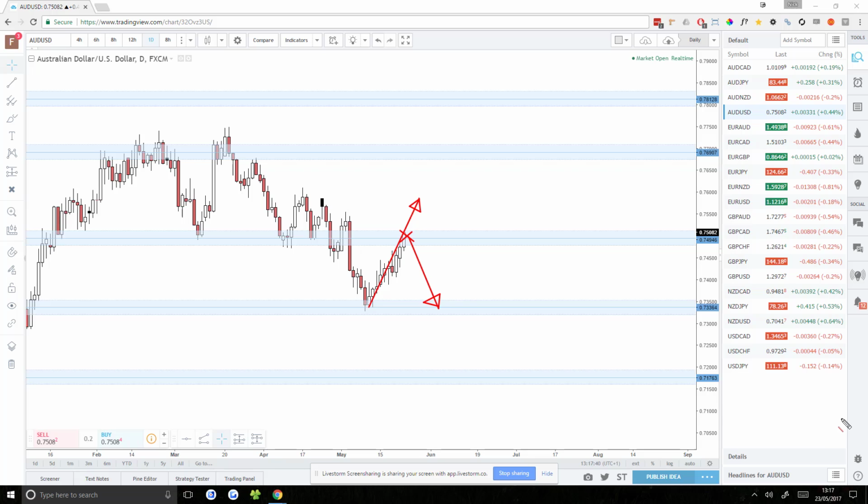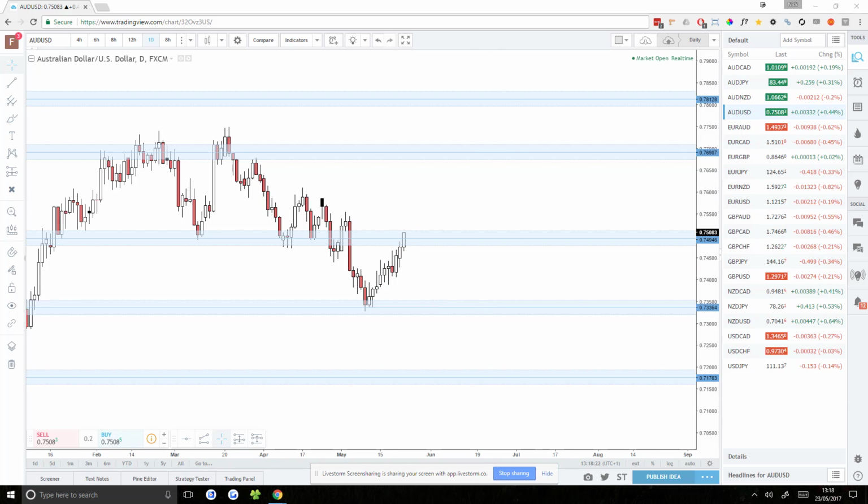I want to be prepared for either scenario, right? Because that's what a good trader should do. I don't like it when traders try to predict what price is going to do. In a situation like this, I honestly believe that most traders, or all traders, they don't know what price is going to do. So I don't know what price is going to do. It can continue up, it can continue down. I'm going to be prepared for either scenario.